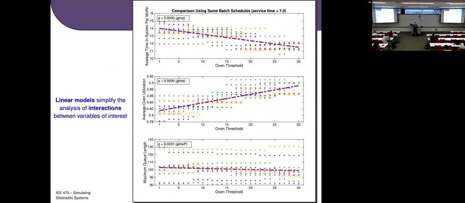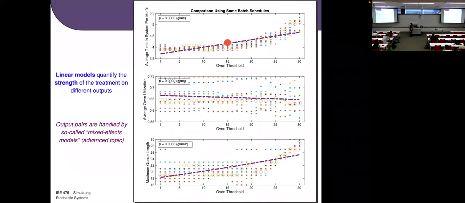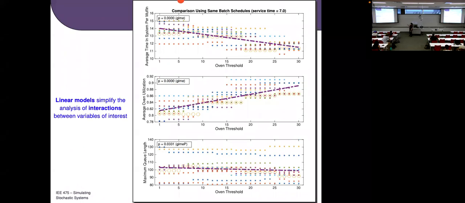So for certain service time regimes, you'll want one oven threshold, and for other service time regimes, you'll want another. Basically, for a small service time, you might want to do the greedy strategy. But for a large service time, you might want to do the nearly full strategy. And so that interaction is super important when we talk about generalizing.